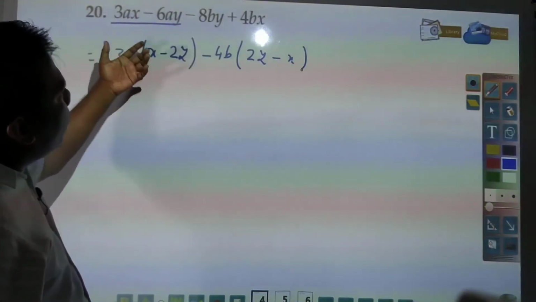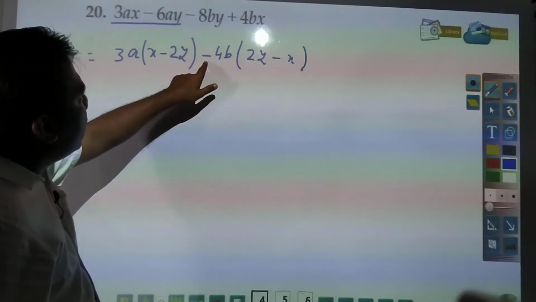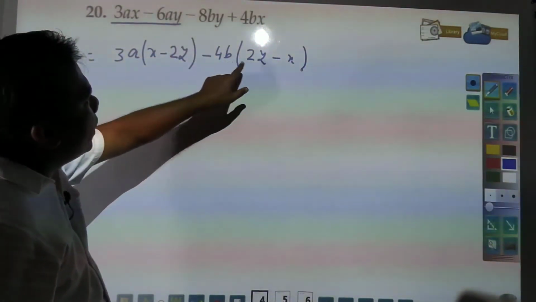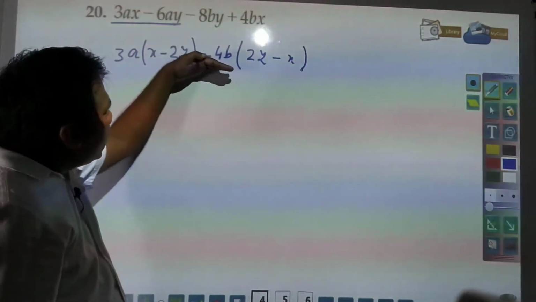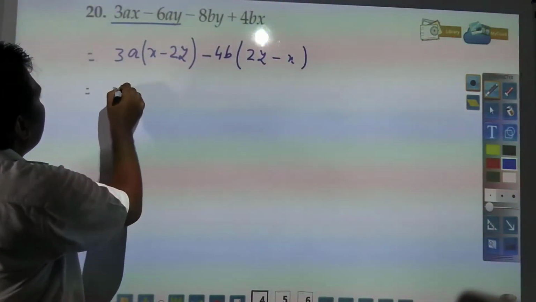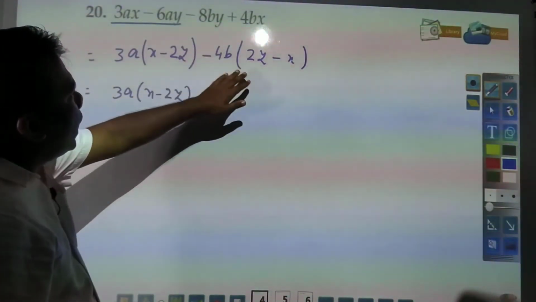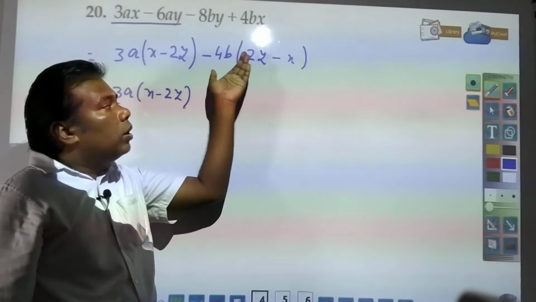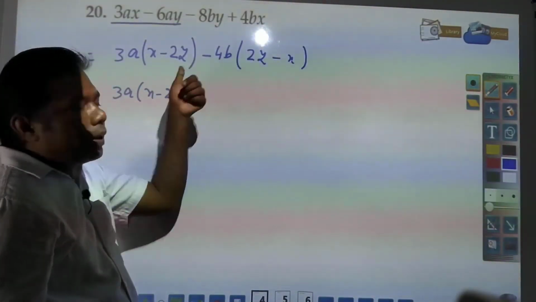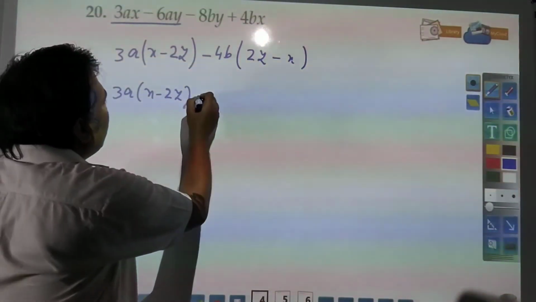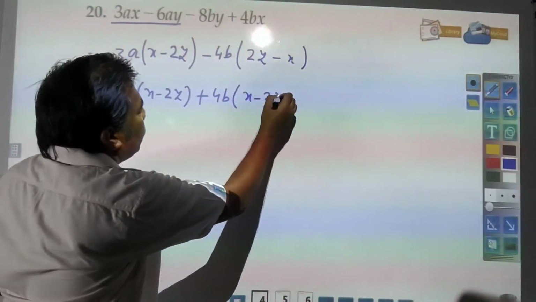One thing could be done: if we had not taken minus but plus, then you could have got x minus 2y, or in the next step also it can be made 3a times x minus 2y. Here you see again, if you take minus common, the sign will be changed and this minus will become plus, so this will become plus 4b times x minus 2y.